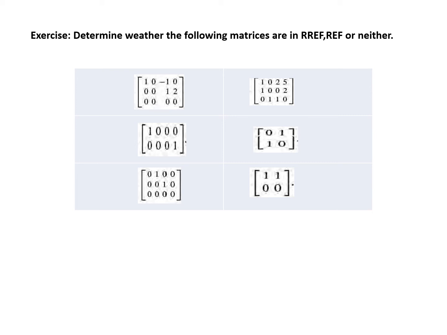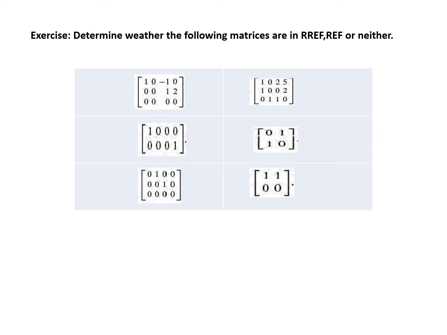Third condition, the leading one of the second row must be on the right side of the leading one of the first row. But here you see the leading one of the second row is on the left side of the leading one of the first row.